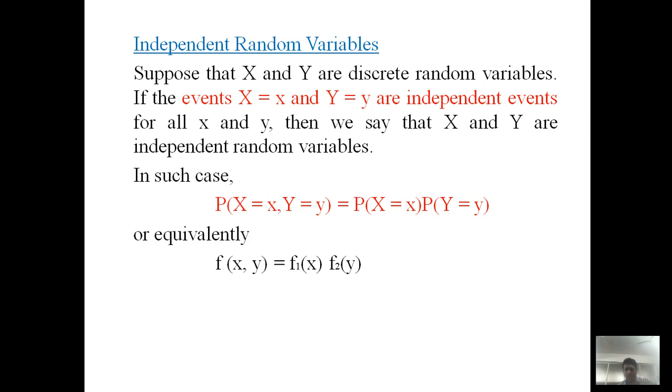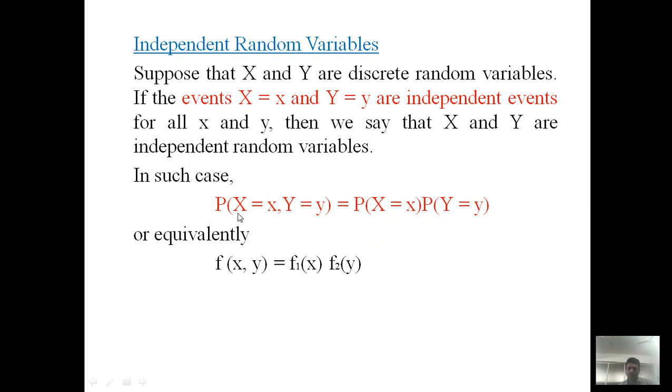Now sometimes some authors use a different notation: probability of X equal to x, Y equal to y is also written simply as f of x y. Similarly, probability of X equal to x is simply written as f1 of x, and probability of Y equal to y is written as f2 of y.